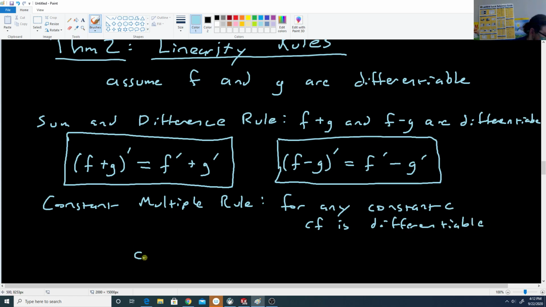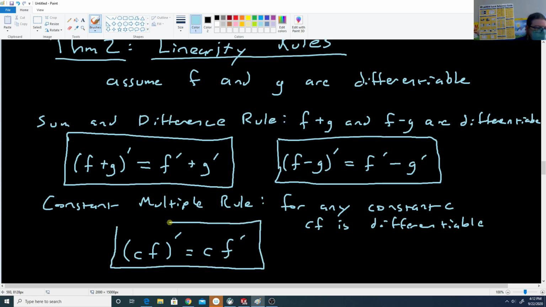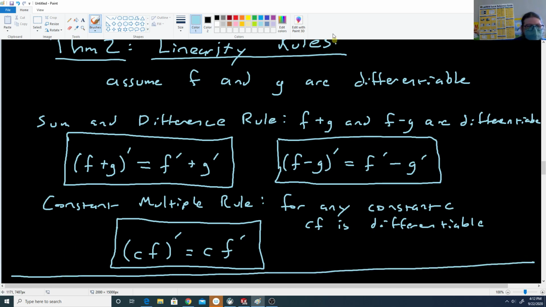And we also get that c times f prime will equal, I can pull the c out front, it's c times the derivative of f. So these are our sum and difference rules and our constant multiple rules. And we're going to want to use these to speed along the process of taking derivatives.